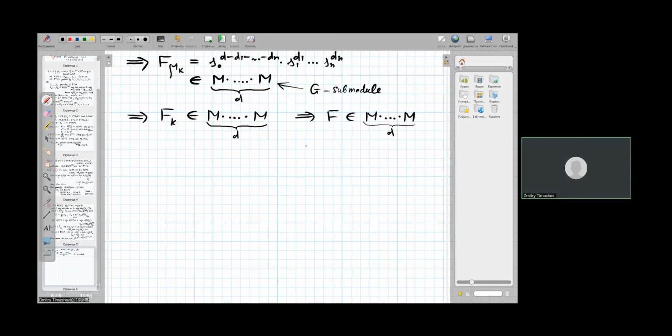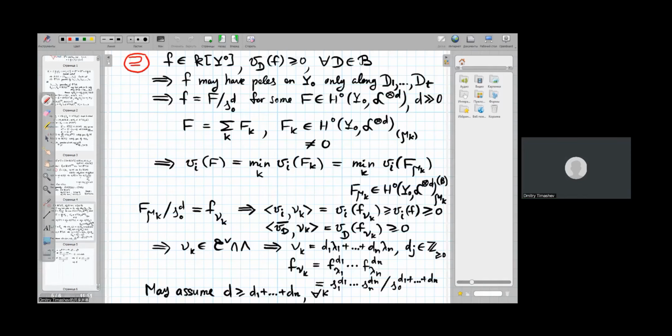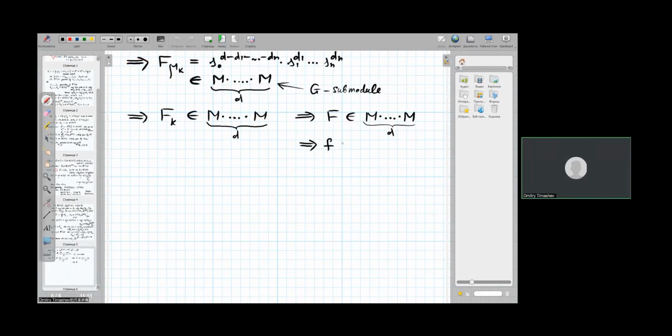And finally, we get that our function f, which is the ratio big F over s naught to the d, belongs to M over s naught times etc. times F over s naught, d times.